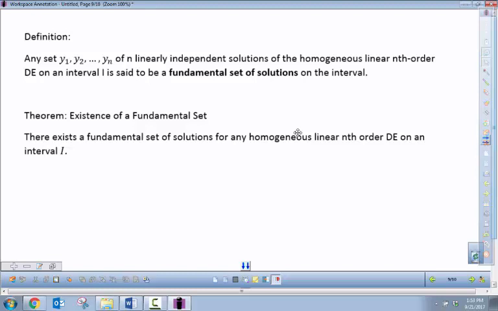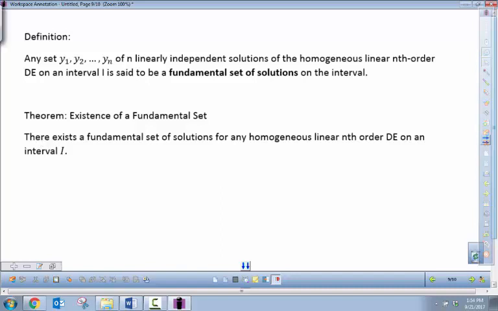So here's where we start putting it together. We get a fundamental solution set for an nth order linear differential equation. What you essentially need to do is find n linearly independent functions. And the existence of a fundamental solution for any homogeneous linear equation exists on the given interval that we defined earlier.